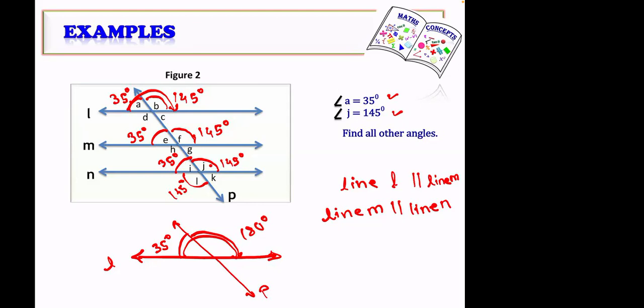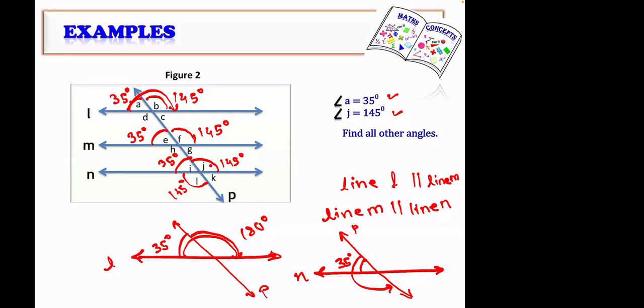Again, one more way to say it: let's consider this is N and this is P. This is 35 degrees, and this is a straight angle with line P. Is everyone able to see the screen below? Yes, ma'am.